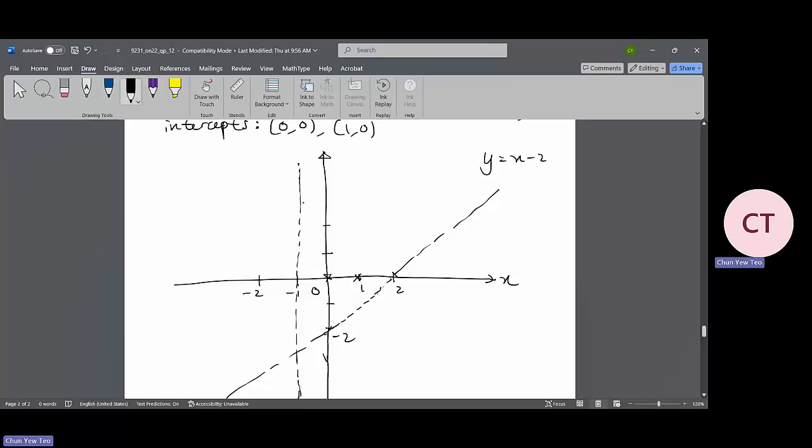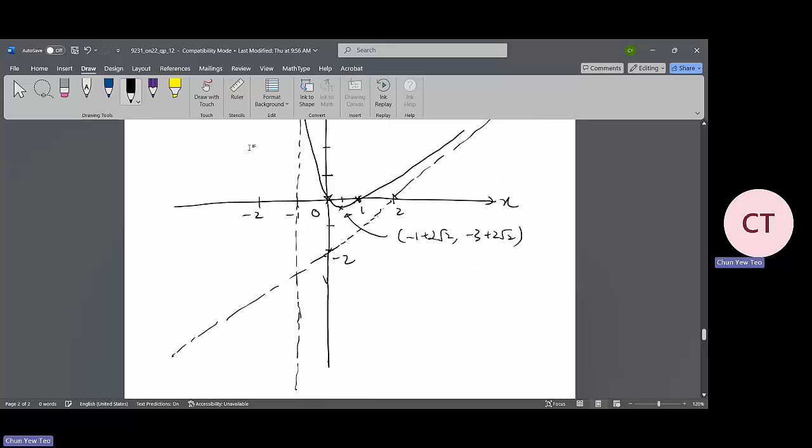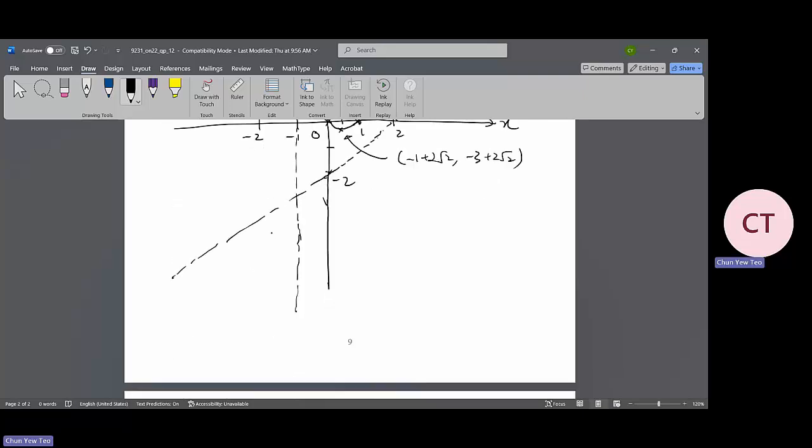So you'll have a minimum point here. Make sure you draw the features of the asymptote. This is your minimum point, it's a bit difficult to show. This minimum point is (-1 plus √2, -3 plus 2√2). And you have a maximum point over here.